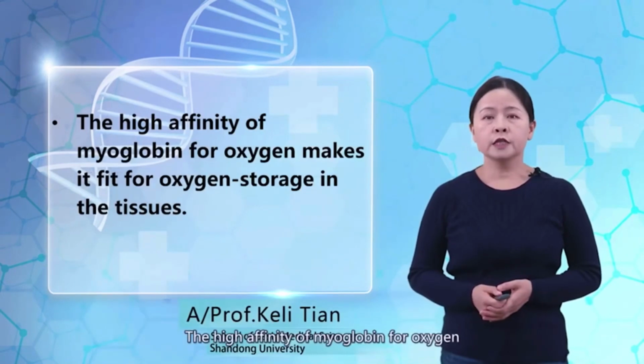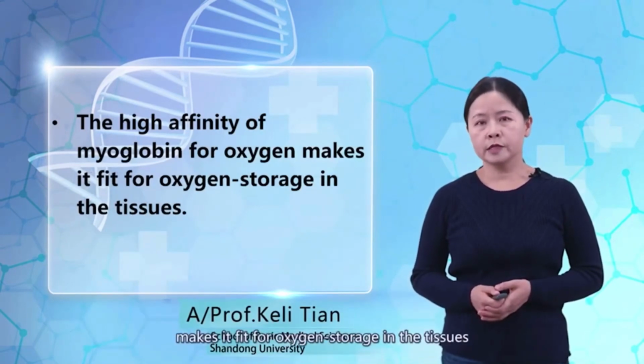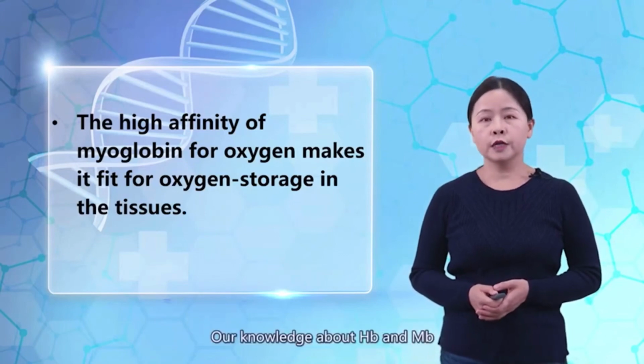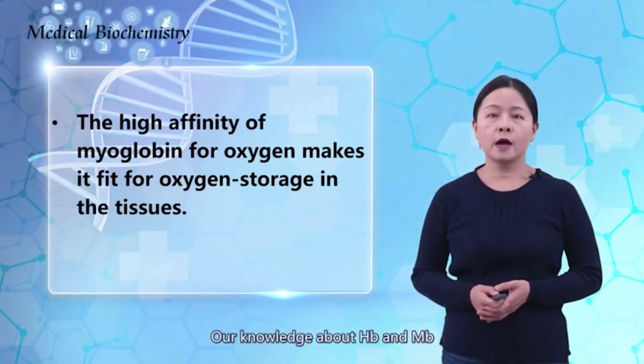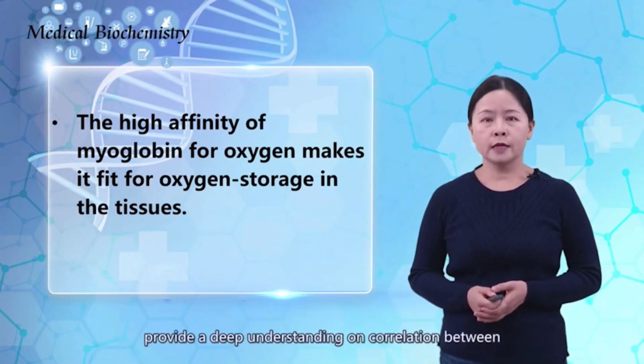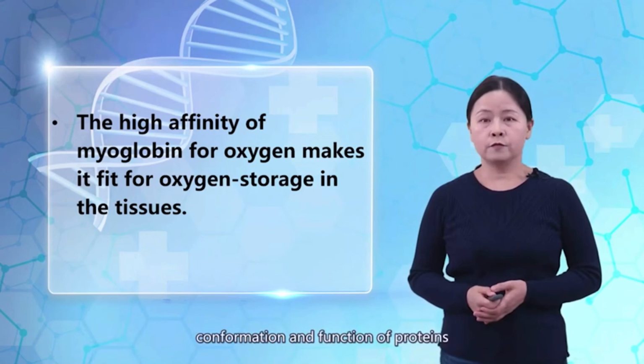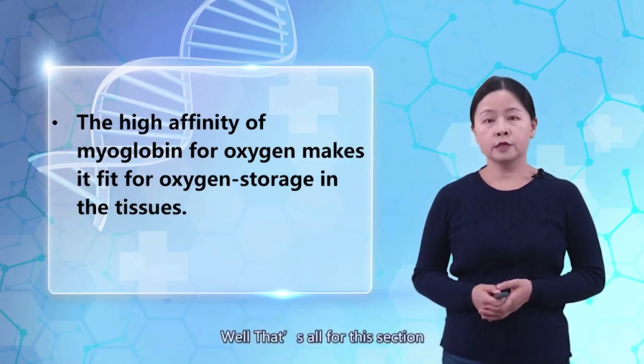The high affinity of myoglobin for oxygen makes it fit for oxygen storage in the tissues. Our knowledge about hemoglobin and myoglobin provides a deep understanding of the correlation between conformation and the function of proteins. Well, that's all for this section.